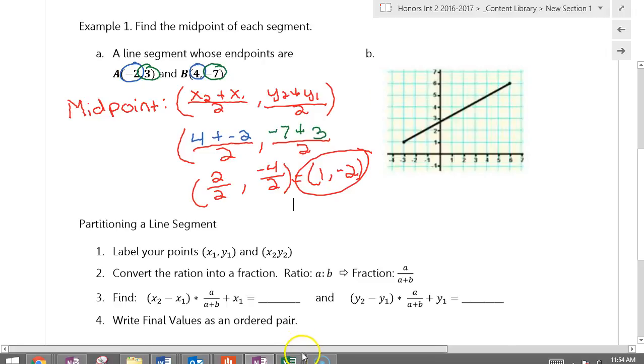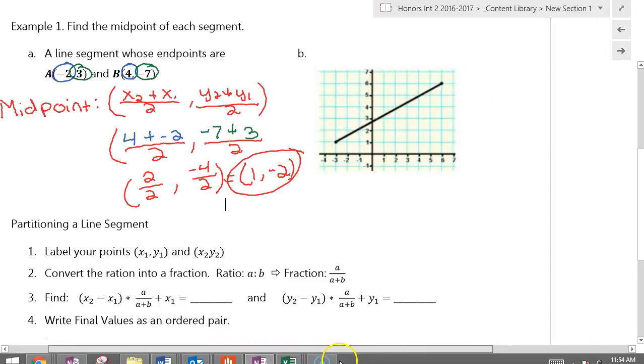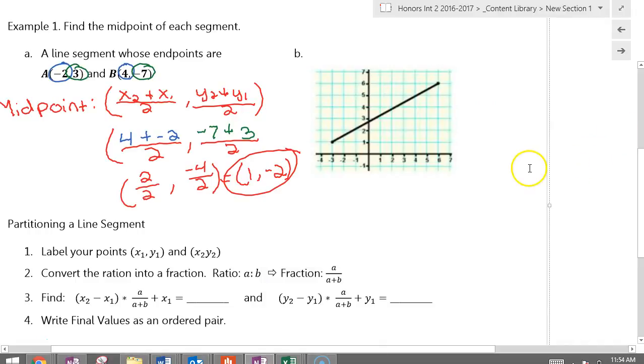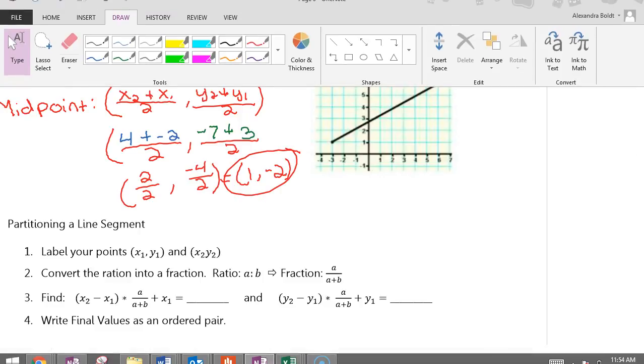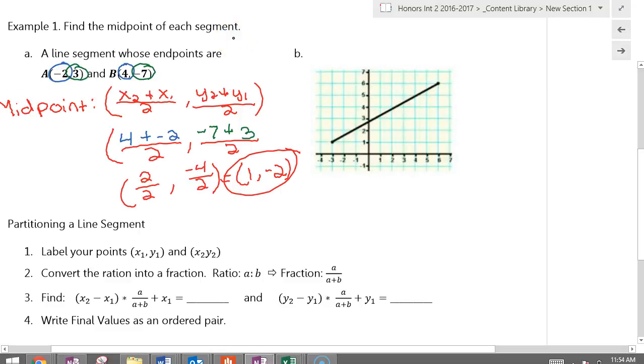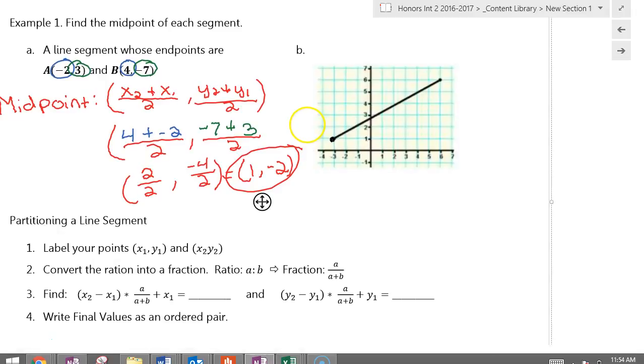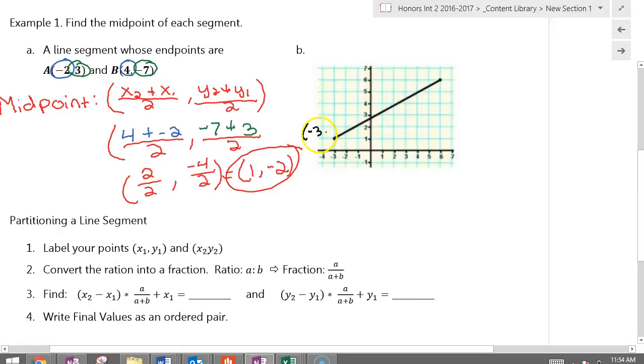All right, looking at B, I'm going to move this over just a little bit. Looking at B, right? So for this one, it just gives us a graph, not a point, but it works the same way by just finding what those points are. Okay? So this is (-3, 1), right? And this point is 6.